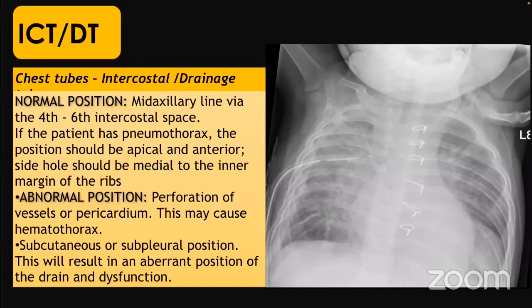The next tube is the chest tube. The appropriate position is between the fourth to the sixth intercostal space in the anterior mid-axillary line. And here in the image, the tube is in appropriate position.